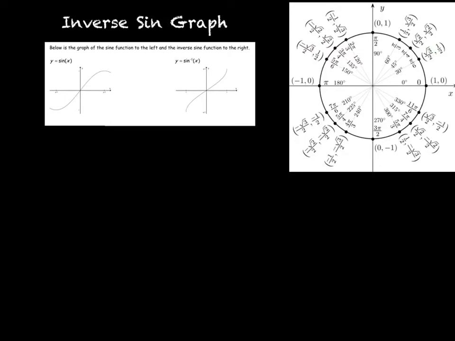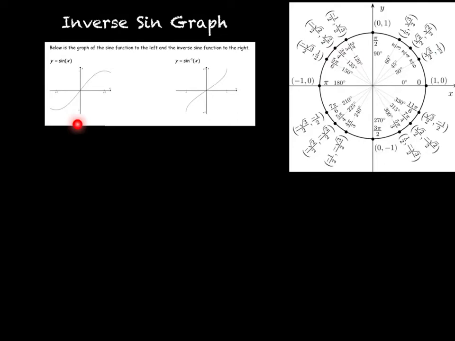All right, let's talk a little bit about what the graph of the inverse sine looks like. You'll see here that this is the graph of the regular sine function, and notice that it is cut off. In other words, we are only graphing not even a full cycle.